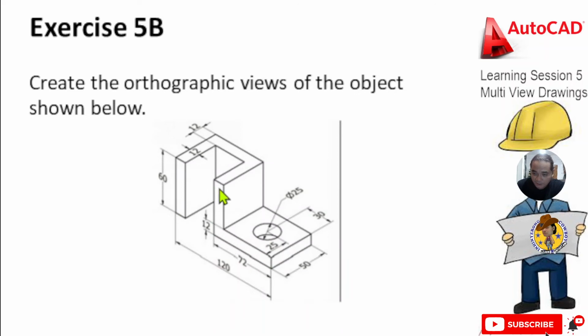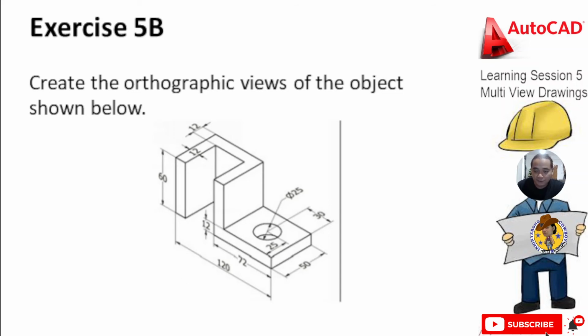For the top view, we have this U shape, then this rectangle and circle. I think this is not difficult. For the side view, you will only see this one and this one, so when you are facing this side, this big square and rectangle. So only two. That's for exercise 5B.